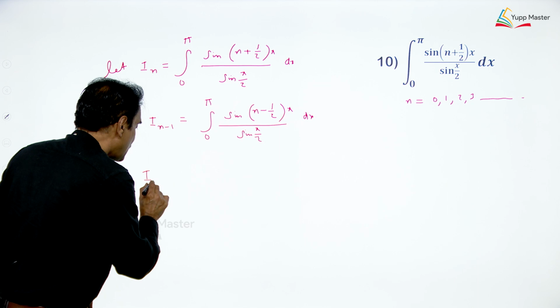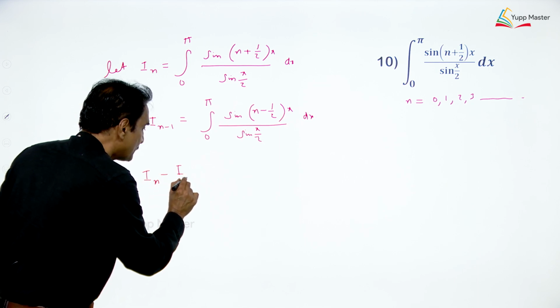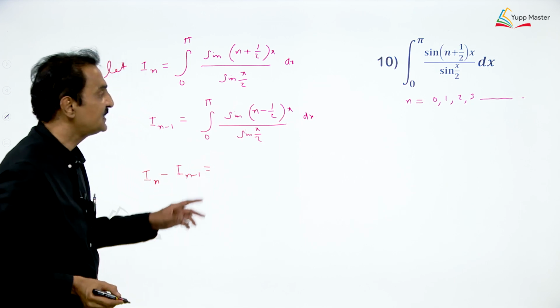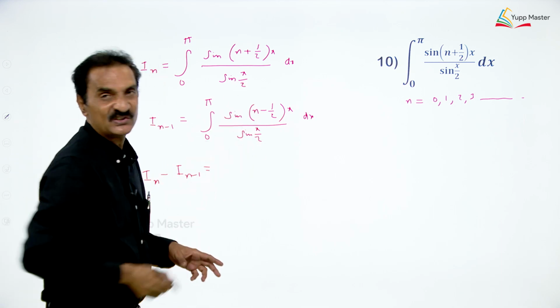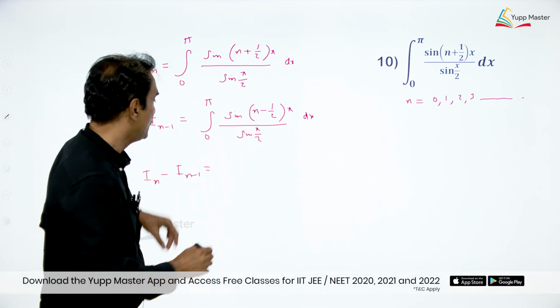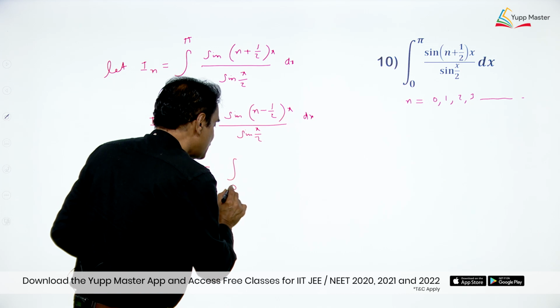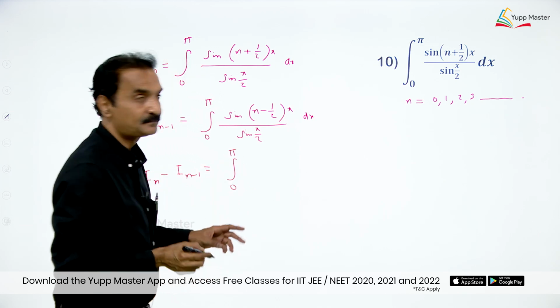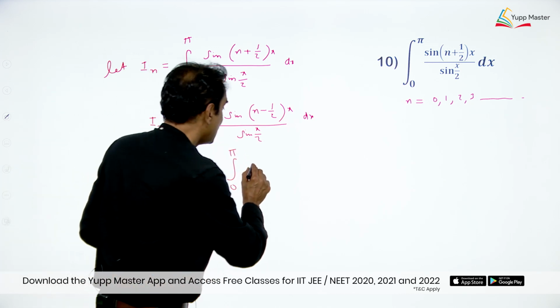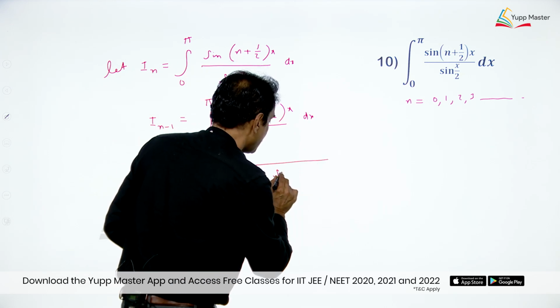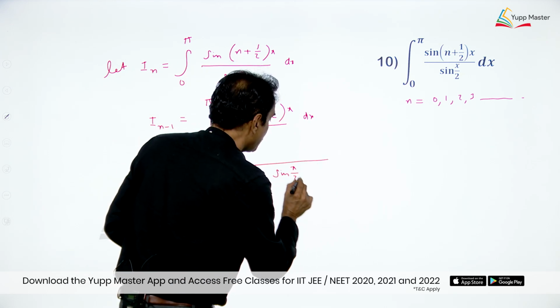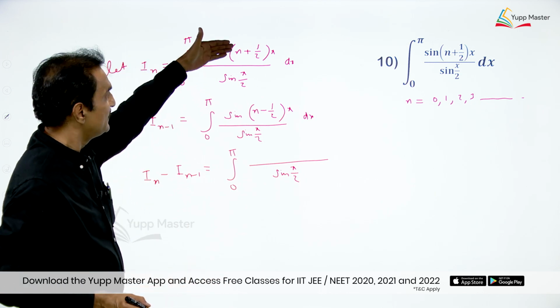In minus 1 is equal to, denominator is same, integral is same. So, integral 0 to pi, sin x by 2 is LCM. What is this?